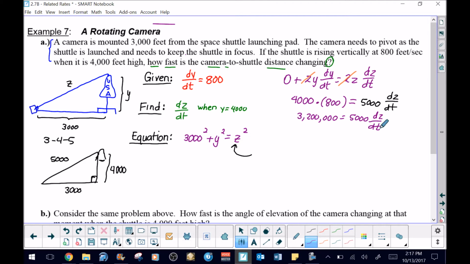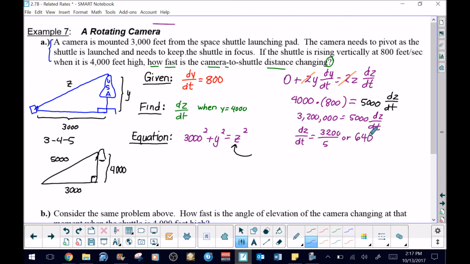I know it's a little scary, but in finding dz/dt, the first thing that I would suggest is to cancel out 3 zeros from the top and 3 zeros from the bottom. And you would get 3,200 over 5. And if you do a little investigative work here, I think 5 goes into 3,200 like 640 times. It's not difficult to see that. If you had to do that by hand, I wouldn't worry.